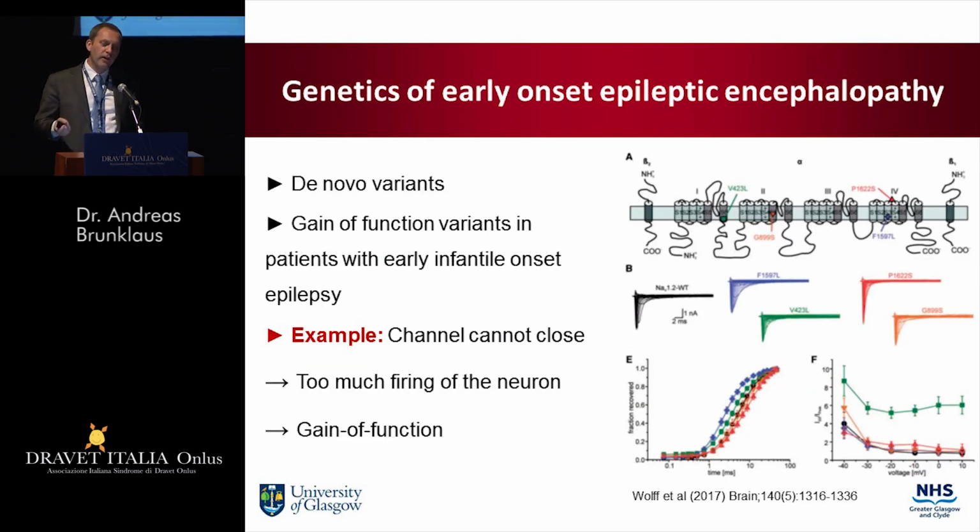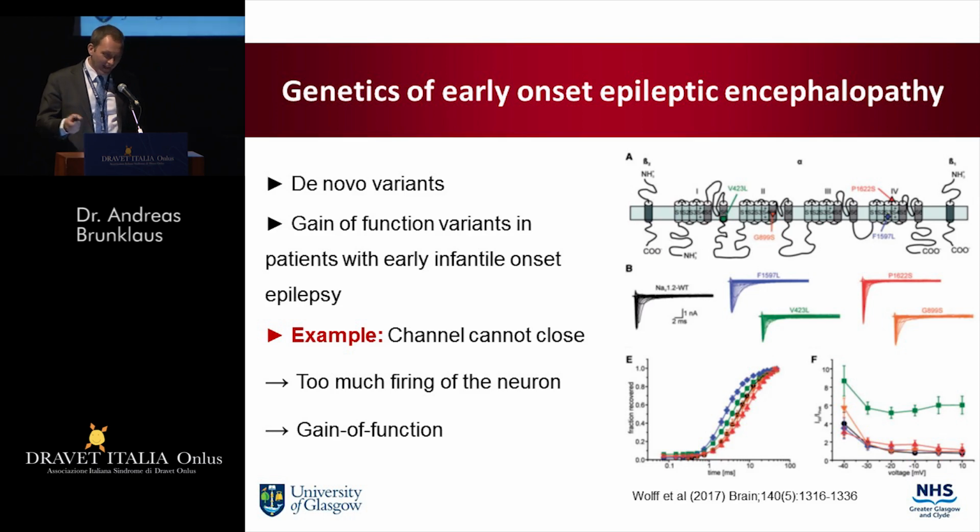If you look at the early onset epileptic encephalopathies, these tend to be all de novo variants, and they tend to be gain-of-function variants in patients with early infantile onset epilepsy. For example, with a gain-of-function variant, if the channel cannot close, you might get too much firing of the neuron.